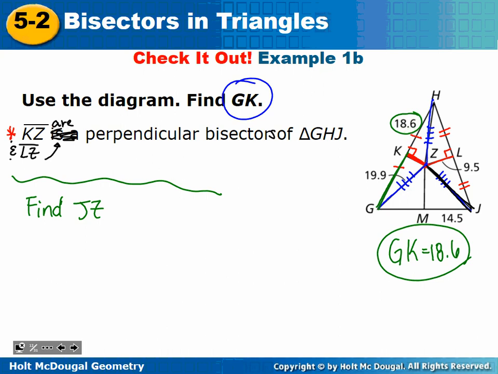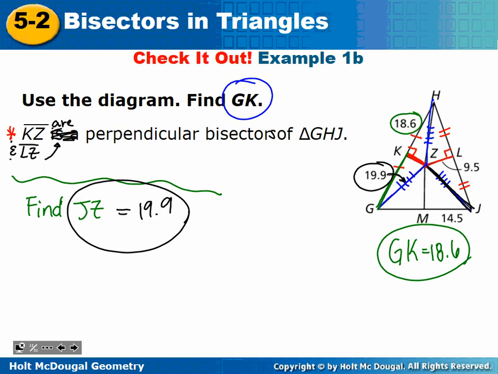GZ, which is 19.9. Very good. So notice a little arrow pointed here. JZ is supposed to be the same as GZ, so JZ is 19.9. Do you see how easy the questions are once you can mark the picture correctly? It's the picture that is the harder part.